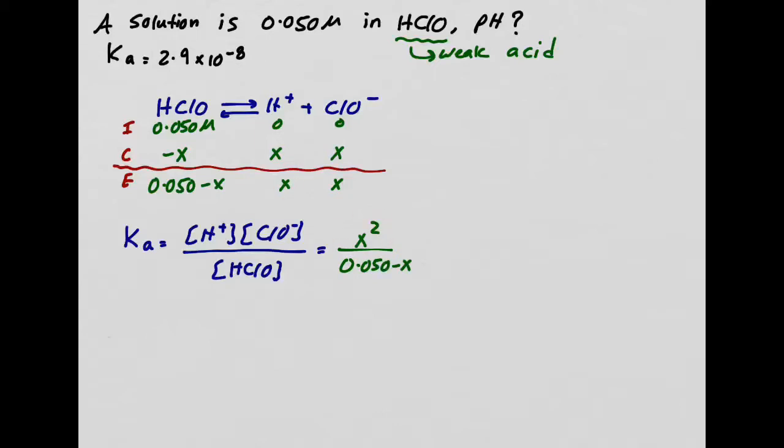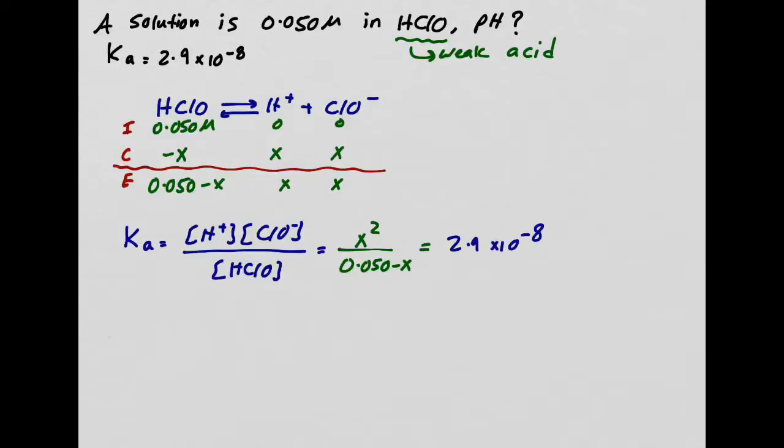X times X, right? My product over reactant. X squared over 0.050 minus X equals Ka. What is my Ka value? I've given it to you: 2.9 times 10 to the minus 8. Not bad, right?